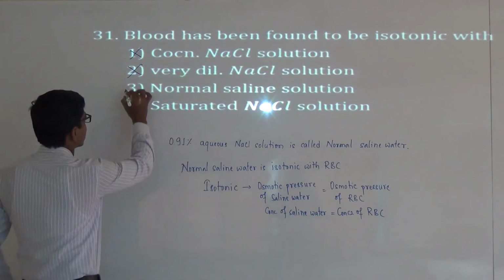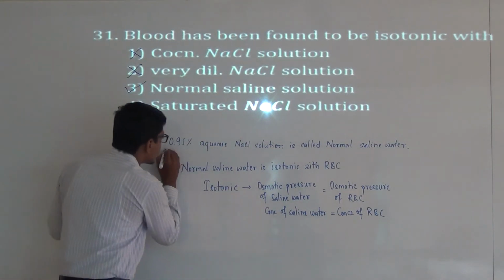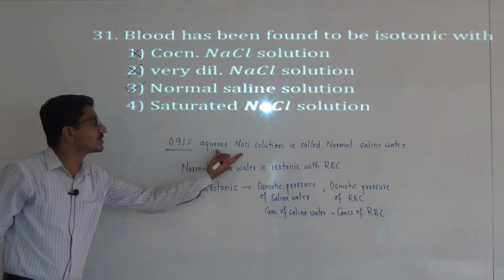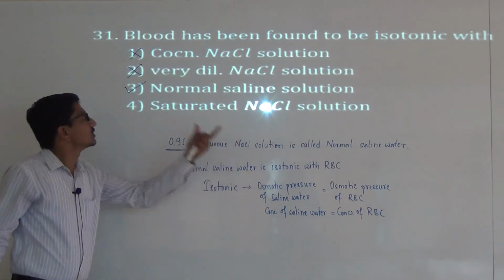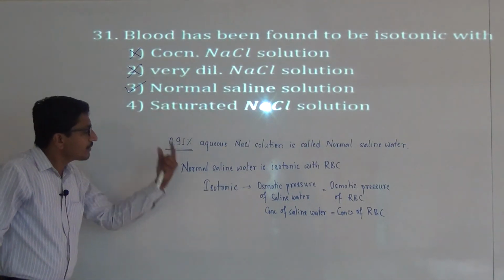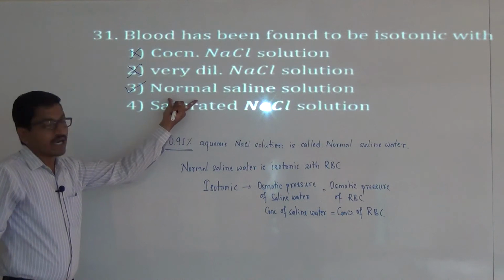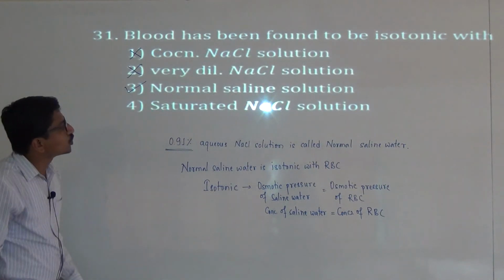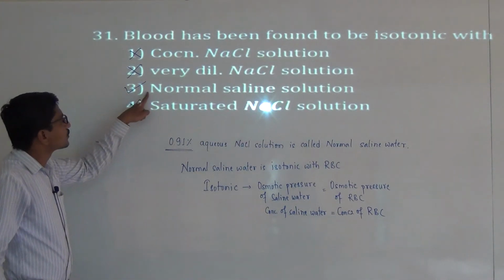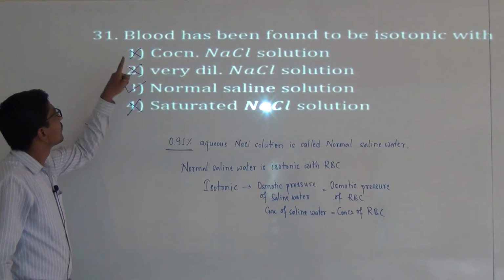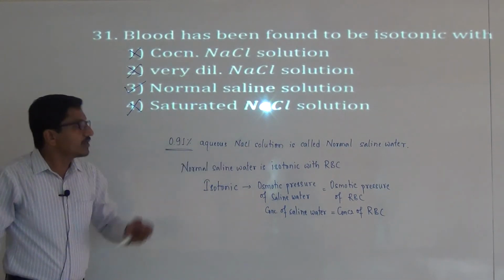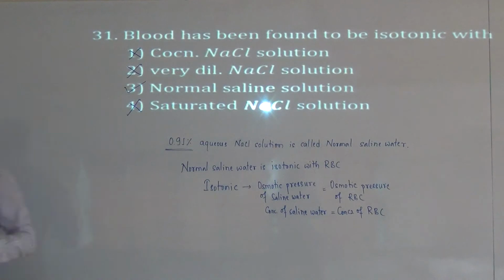Normal saline solution means the concentration is 0.91% aqueous sodium chloride solution, which is isotonic with blood cells. The last option is saturated solution. This is wrong. The third option is the right one: normal saline water is isotonic with blood cells.